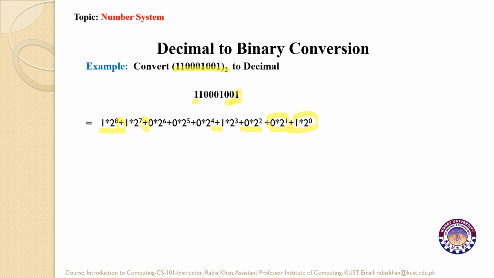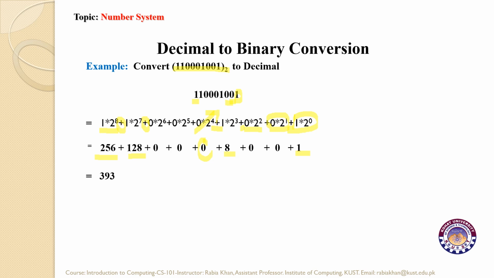The next step after performing the calculation, as you can see, is the result. Anything that is multiplied with 0 goes to 0, while the rest of the answers are here, as you can see. And at the end, after adding up all these products, we get the result 393.